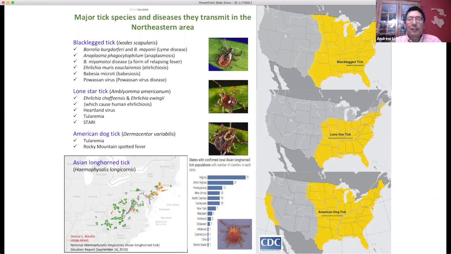And in Maryland, from our field sites, we collected the longhorn tick from multiple sites, not in very high numbers, but it looks like it's more widespread than we thought. Next slide.